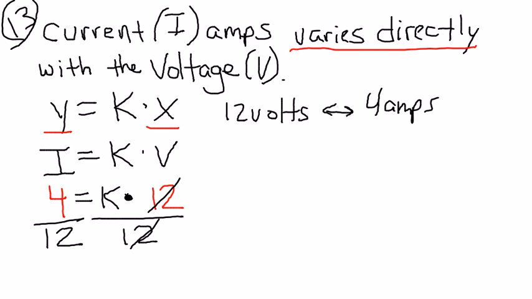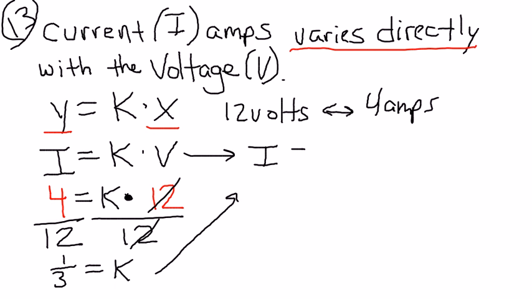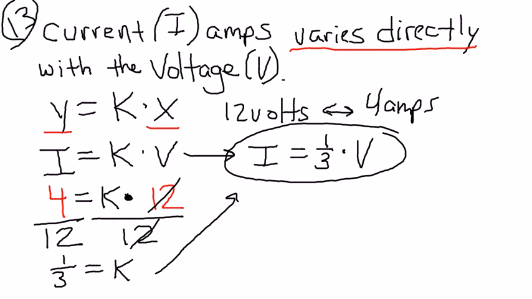So K is equal to 4/12, which is 1/3. Now we can write the formula more specifically: I, the amps, equals 1/3 times the volts. Now we have a formula that can be used.